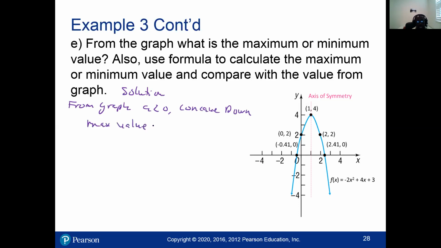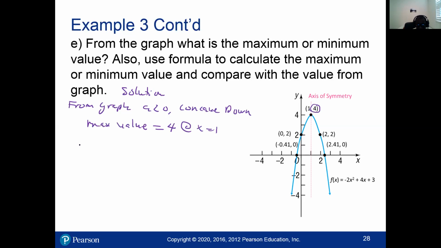The maximum value is the vertex, which is 4, and it occurs at x equal to 1. It has a maximum because it's concave down. Now we want to use the formulas to find whether we'll get the same thing.